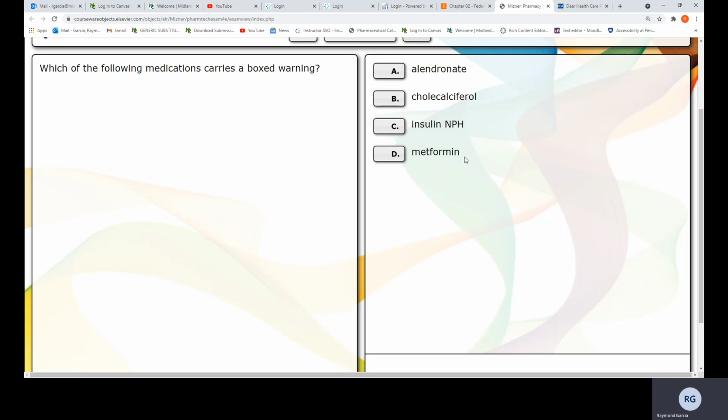Anybody got a guess? Which one? Metformin is for diabetes. Alendronate could treat osteoporosis, and the brand name is Fosamax.